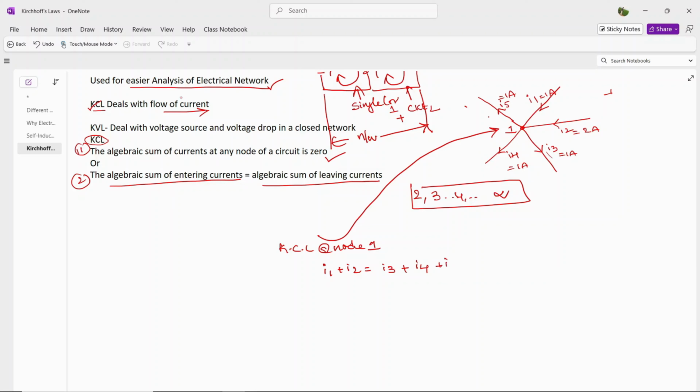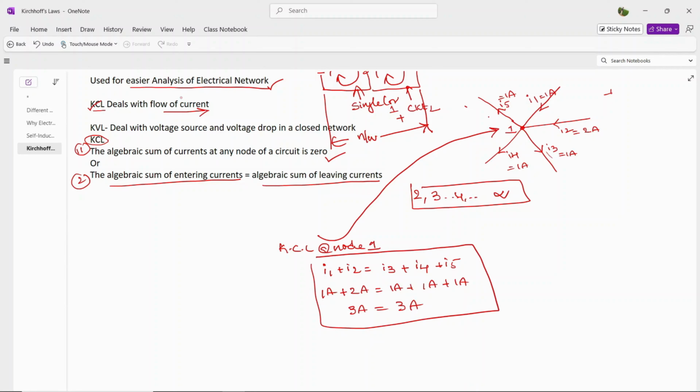The value of I1 is 1 ampere, I2 is 2 amperes, I3 is 1 ampere, I4 is 1 ampere, I5 is 1 ampere. So 1 plus 2 is 3 amperes, equal to 3 amperes. That's the meaning of KCL.